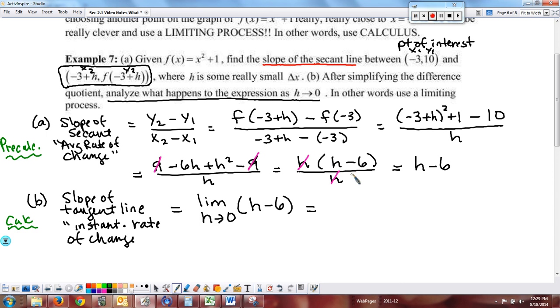This is what our algebra simplification did for us. We removed the division by 0, and that's what was causing the problem. We couldn't just let h equal 0 up here because we would get a division by 0 problem. But once I do a little algebra, I can remove the problem I'm having.